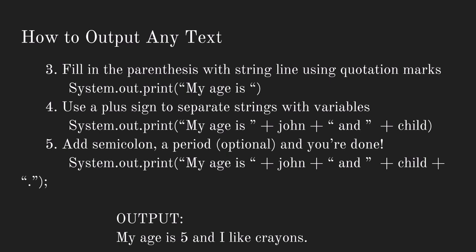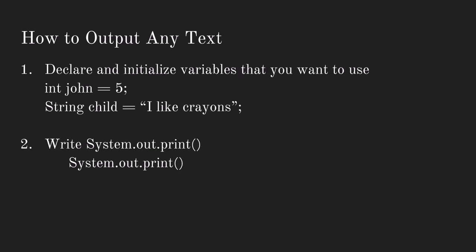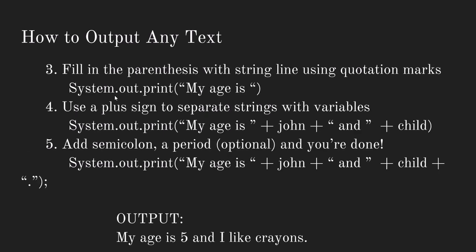Let's say my age is 5, and I want to use the variable john, which was declared right here. Instead of writing 5 each time, I can reuse the variable john, because in Java you're going to find yourself repeatedly using the same thing. Variables are a great way to do that without having to repeatedly write 5, 5, 5, and so on.